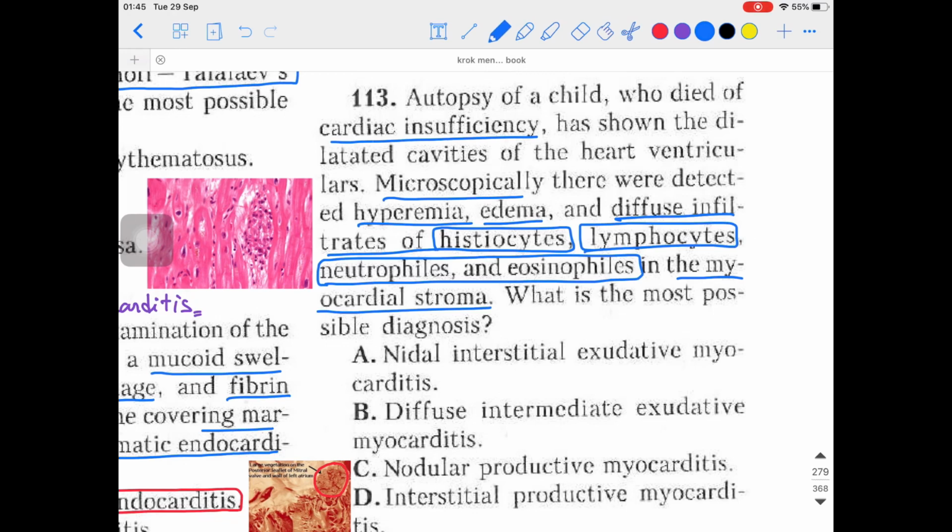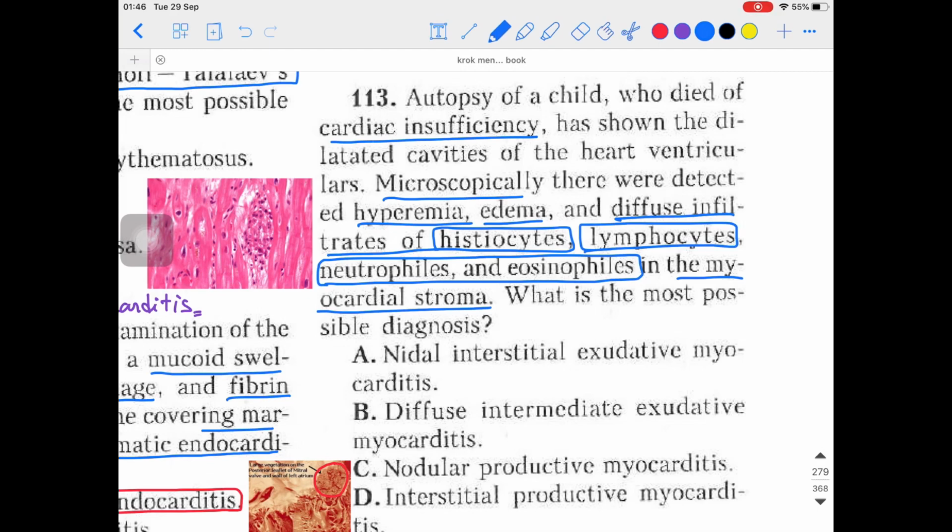So in this non-specific exudative interstitial myocarditis, there is diffuse or focal lymphohistiocytic infiltration. Very important point over here, lymphohistiocytic infiltration. If the question mentions lymphohistiocytic infiltration in the myocardium, that means they want the non-specific or diffuse exudative interstitial myocarditis.